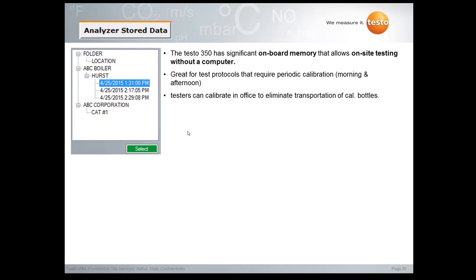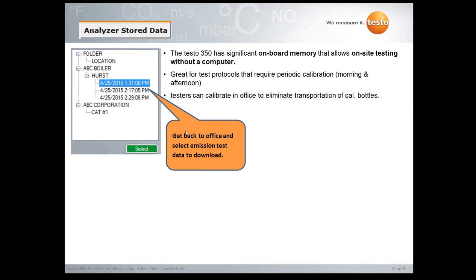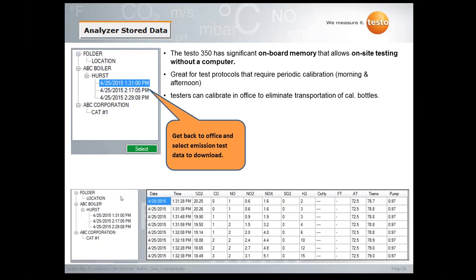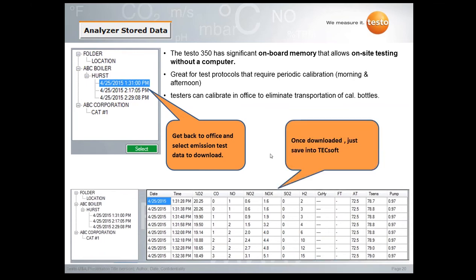What's nice about this is some test protocols require just periodic calibration. So you can do a calibration in the morning in the office, go out and test 3 or 4 units, come back in the afternoon, do another calibration, and you can download all the information into the software. The software doesn't have to be with you.